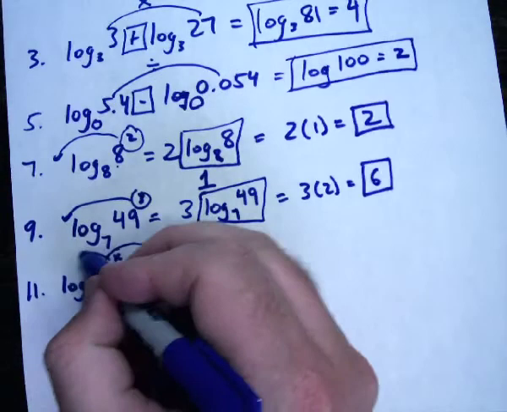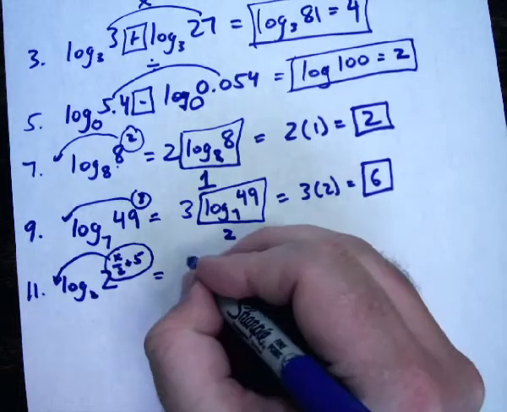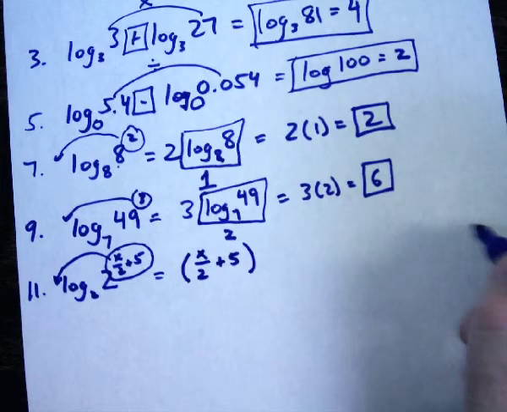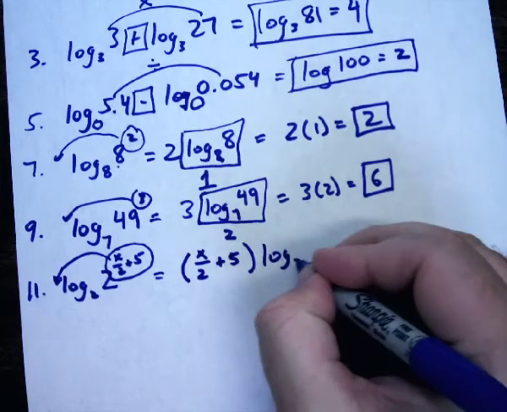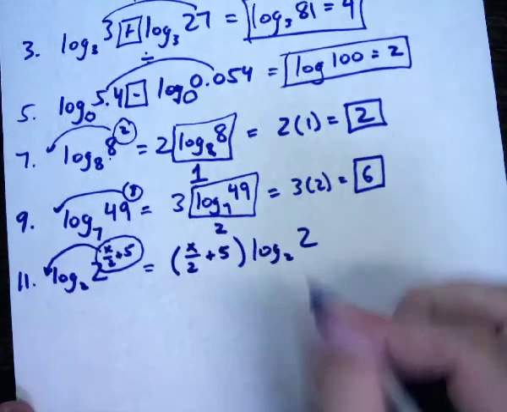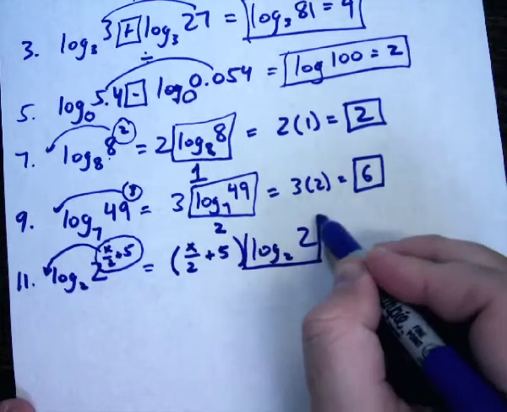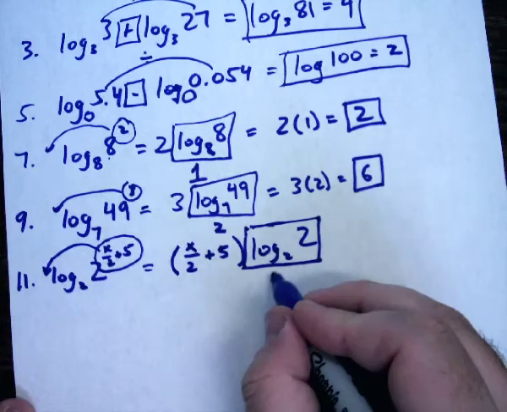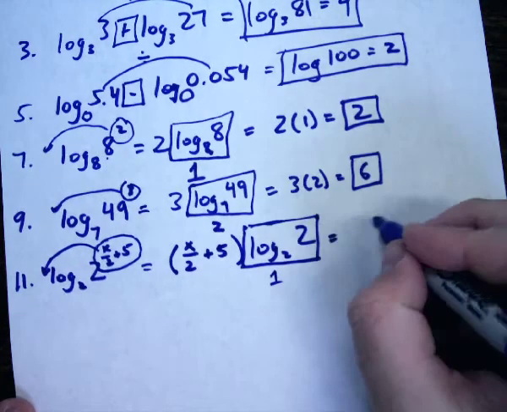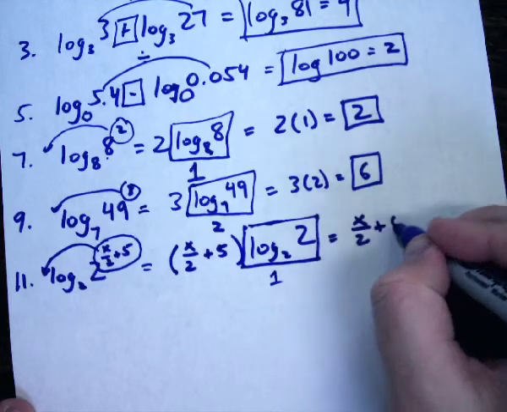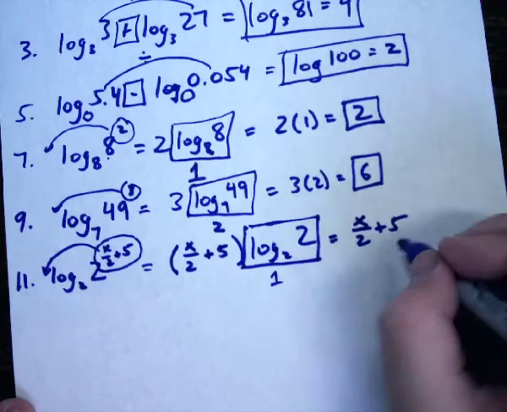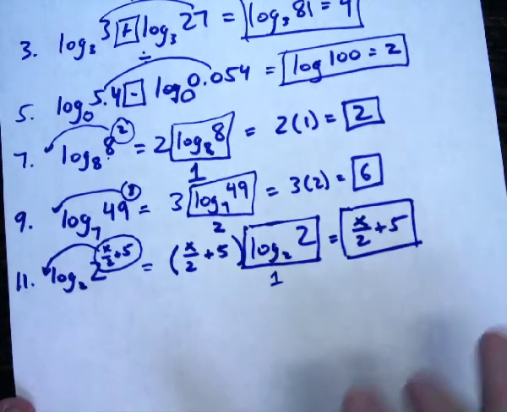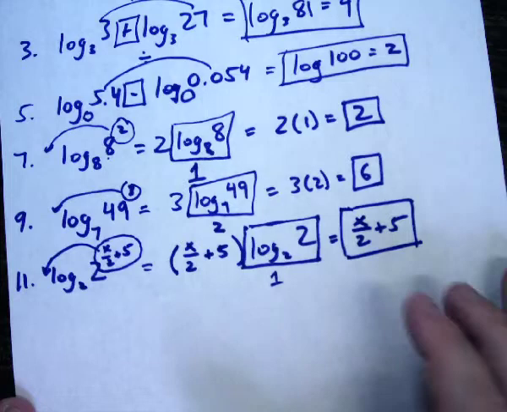So we're going to move that to the front, and we get x over 2 plus 5 times log base 2 of 2. It's all a matter of finding what you can do very easily. This is just 1. So this all equals x over 2 plus 5 times 1, which is just that. So that would be your answer. It looks ugly, but that doesn't mean you can't simplify it. Just one step at a time.